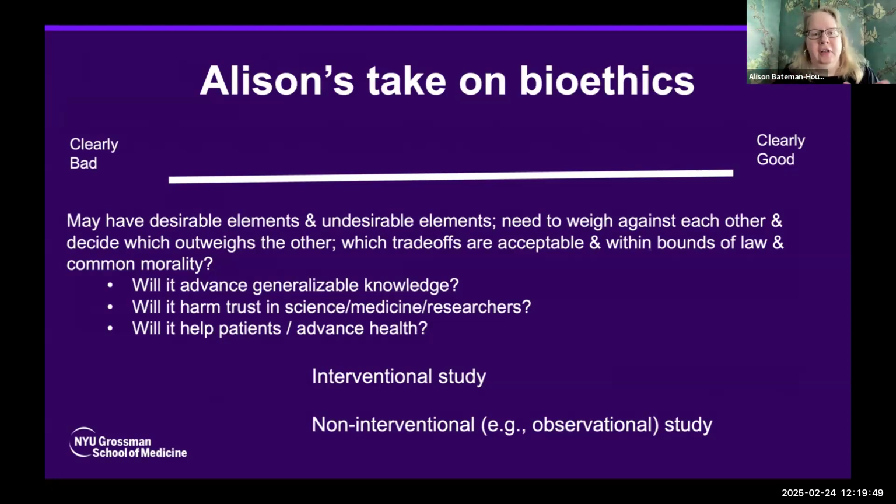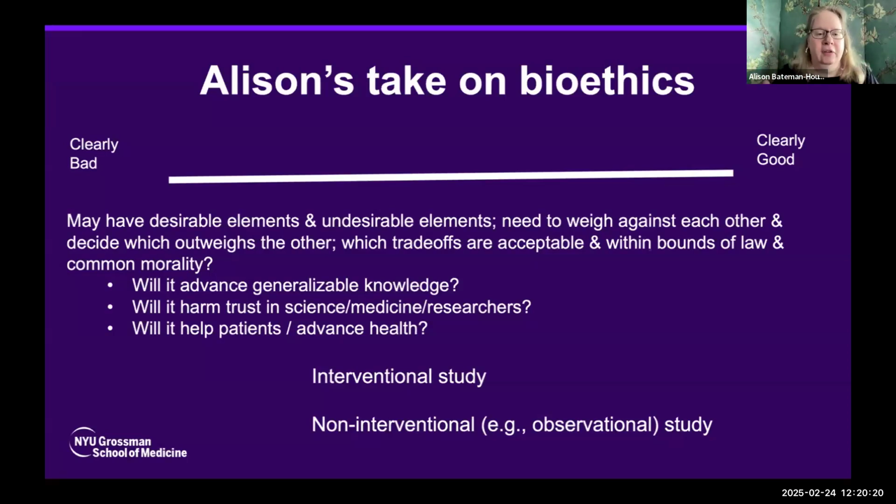But the majority of things are in the middle, where they have desirable and undesirable elements, and you're weighing them against each other, saying the undesirable elements outweigh the good in this one, versus in that one the good outweighs the bad and a trade-off is acceptable. In the back of my mind, I'm always thinking: will this particular advance or initiative advance generalizable knowledge?